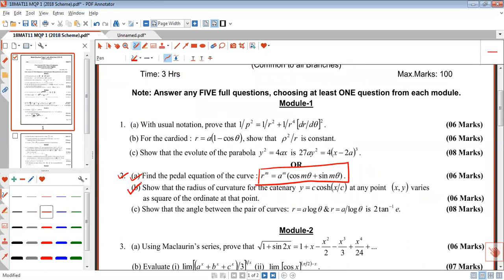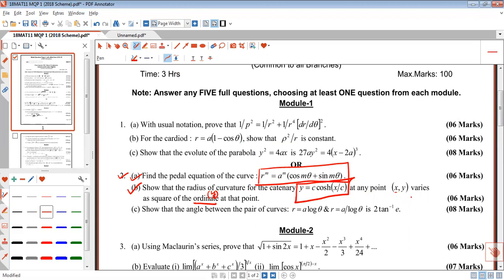That is 2b. Show that the radius of curvature of the catenary, that is y equals c times cos hyperbolic x by c, at any point x comma y varies as the square of the ordinate at that point. Here the ordinate is nothing but the y value; abscissa means x value, ordinate means y value.